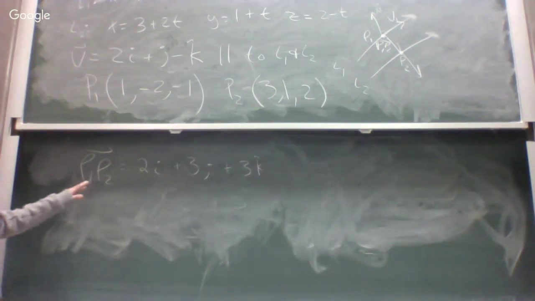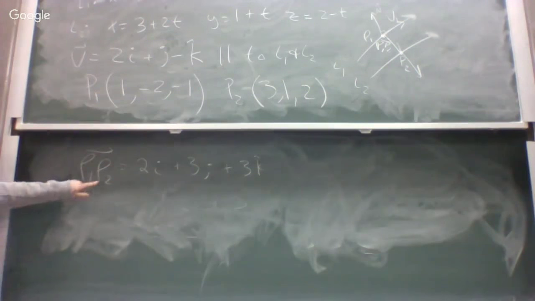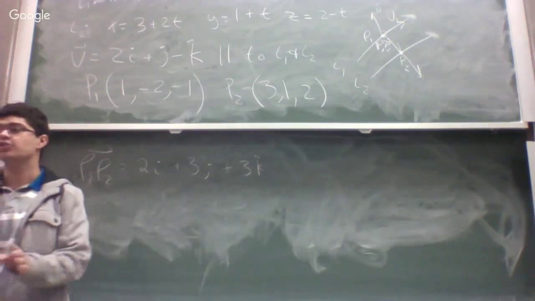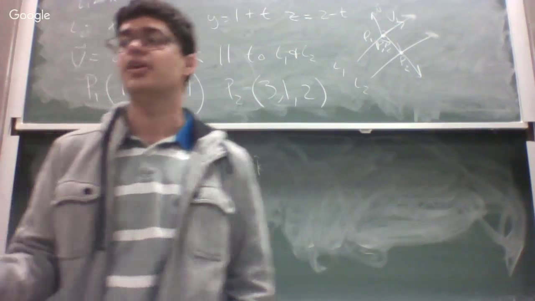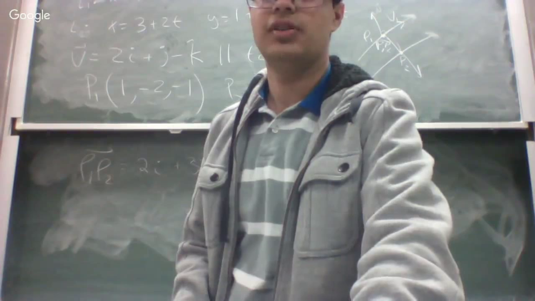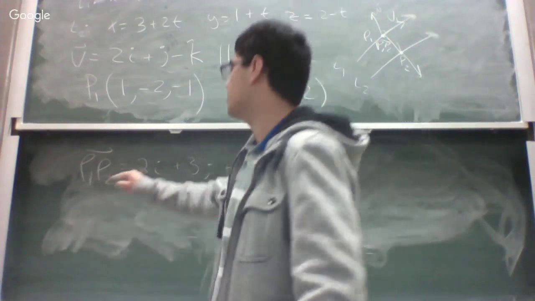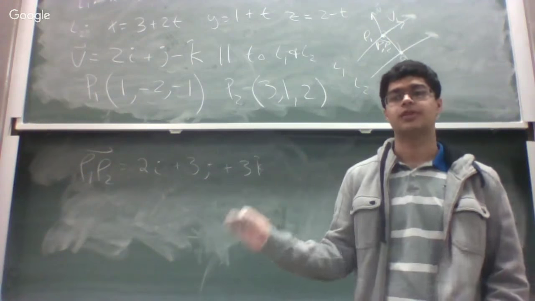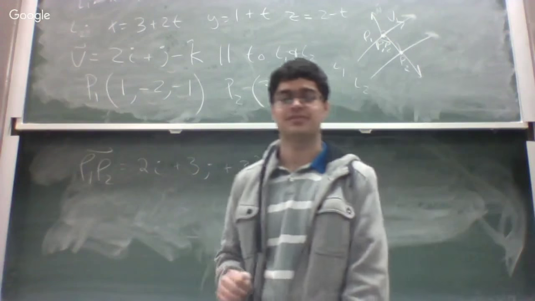If you labeled this as P2, P1, then you need to subtract 1 minus 3. So make sure you keep it consistent and label it correctly. It changes the sign, but make sure you name it correctly. It doesn't matter which way you do it, just make sure the name is correct.